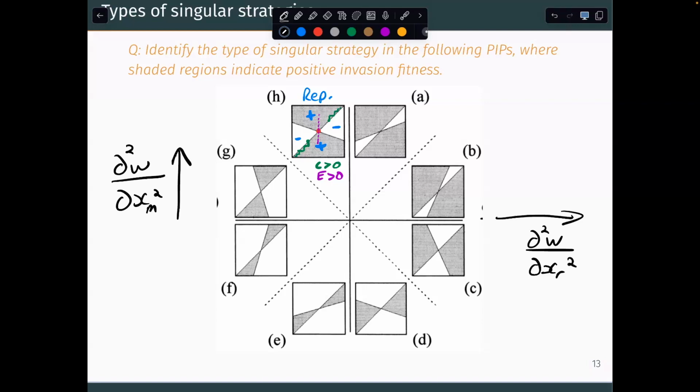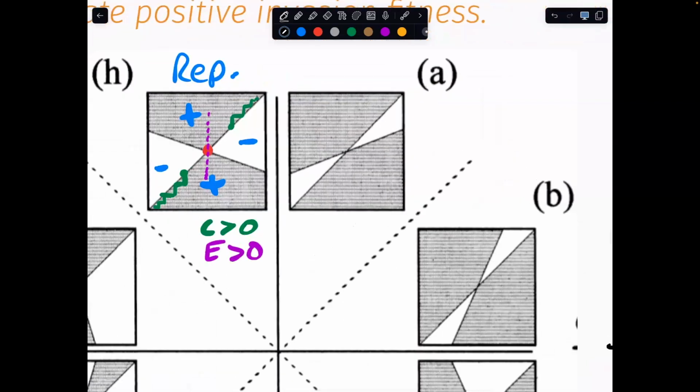Okay, can I have a show of hands who's finished? Okay, I'll start going through them then. I'll go clockwise. So here, this scenario is essentially just like the one to the left. These are my positive and my negative regions. Here's my singular strategy. It's evolutionarily unstable. And just like before, it is convergence unstable.